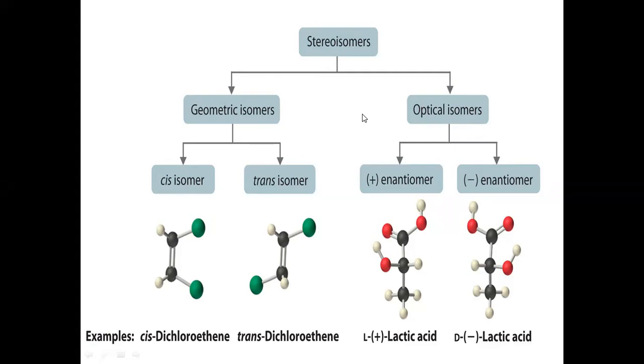stereoisomers. These are of two types, geometric and optical isomers. Optical isomers are shown by the structures which are not superimposable on their mirror images. And it is based on the tetrahedral geometry of carbon.